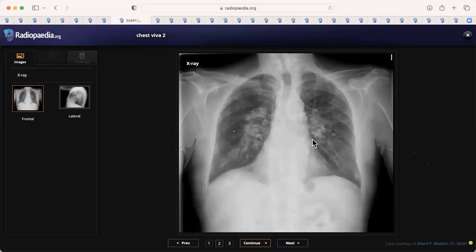This is a case of bilateral egg-shell calcification, and we've gone through the differential diagnosis, which we said could be sarcoid, silicosis, or TB, and we've seen how we could differentiate between the three causes on the imaging.